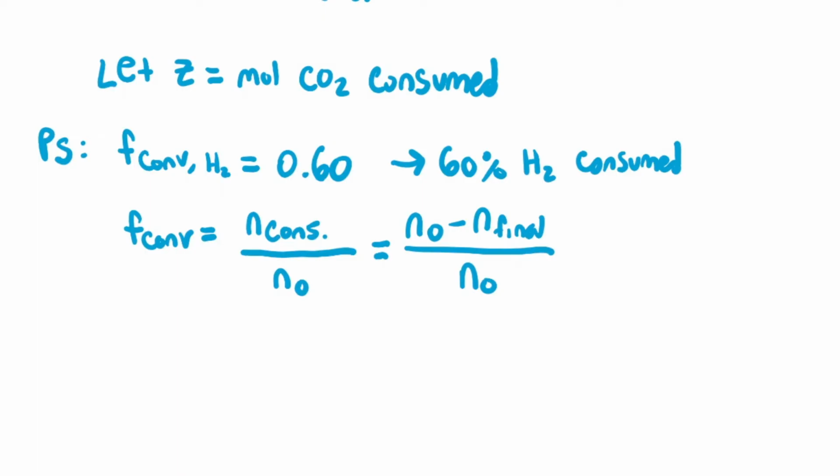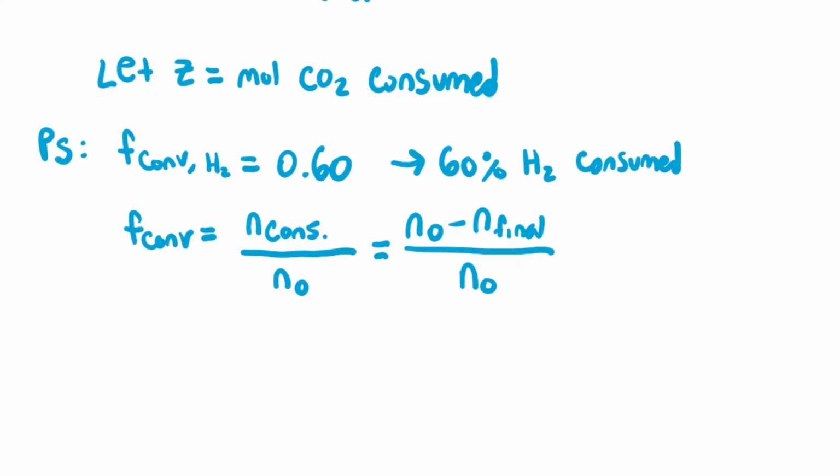And in that case, what we can do then is we can do some rearranging. So if it's F conversion equals all of this, we can then make it 3Z equals N naught times F conversion.